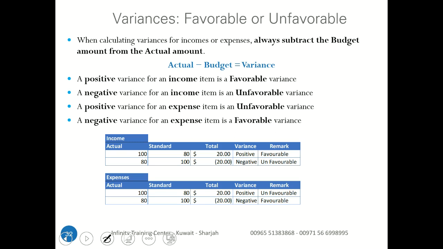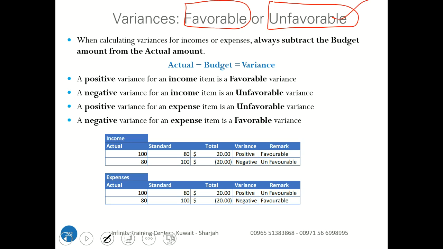Now, variances can be favorable and variances can be unfavorable, right? For example, if you have an income and you got more than expected, then we will say that is a favorable variance. We got more income. But when it is an expense and you spend more than you are supposed to spend, then we call it unfavorable, because we spent more than we were supposed to.